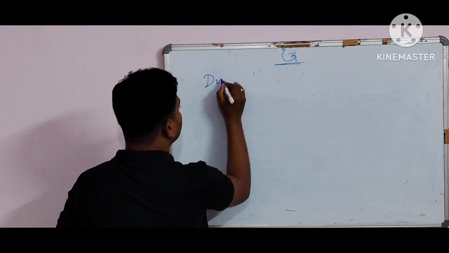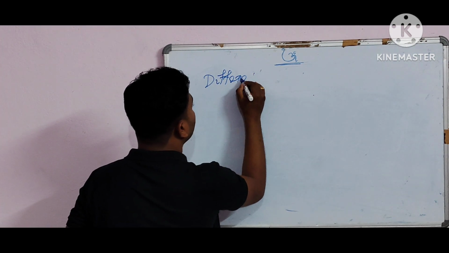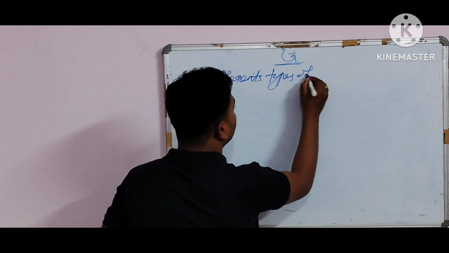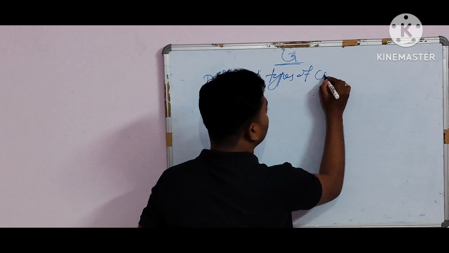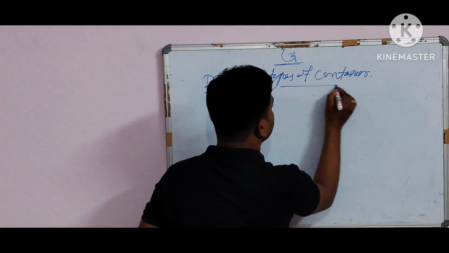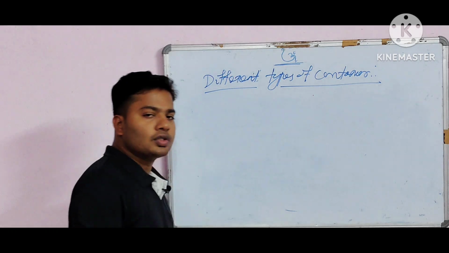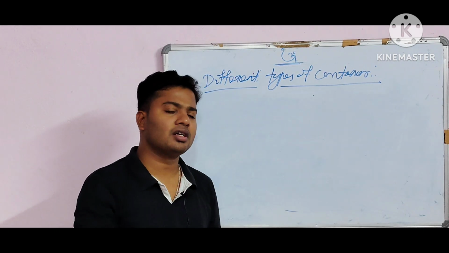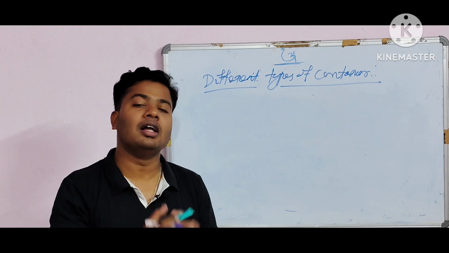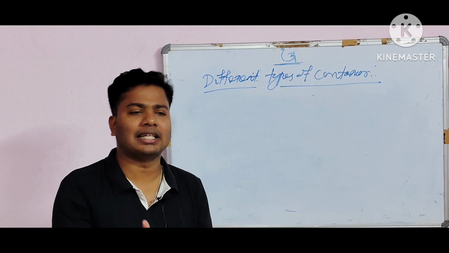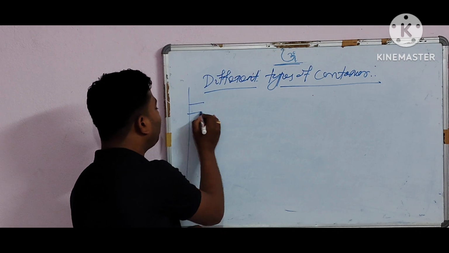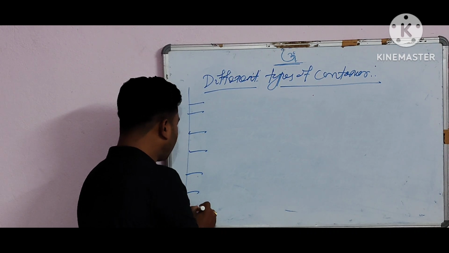Next one is different types of containers. In the market, so many different types of containers are used for the packaging of liquid dosage forms. They can be segmented in different ways.